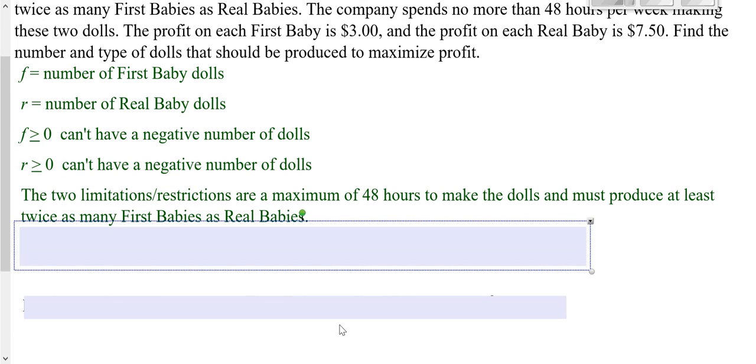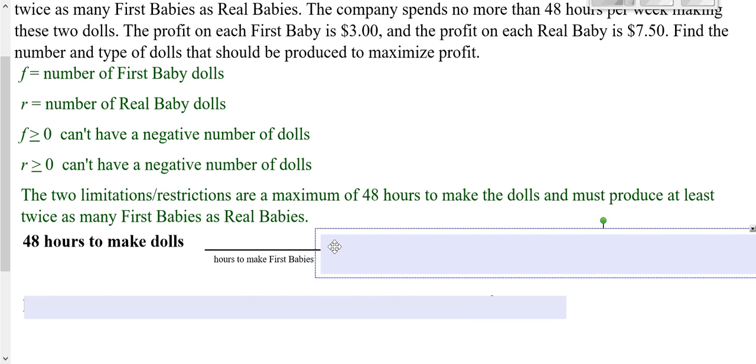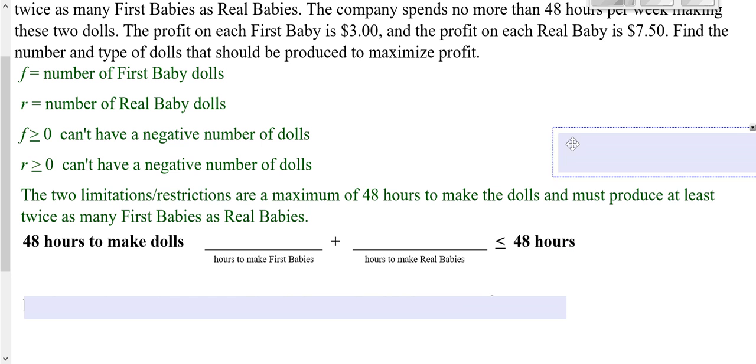We have our first restriction of 48 hours. So we're going to have some hours that we use to make first babies, then we've got to add to that hours to make the real babies, and we know that has to be less than or equal to 48.